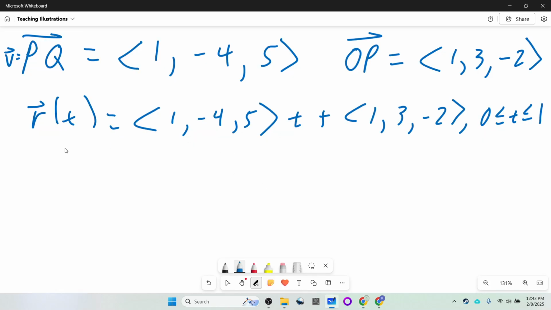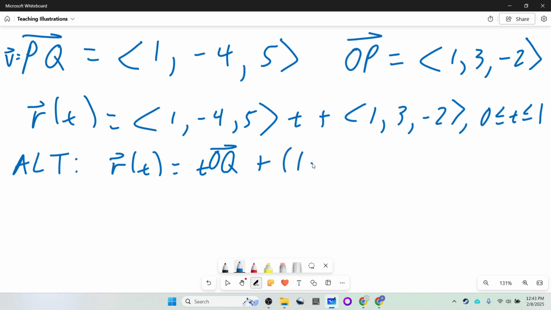The other way to do that, the alternate method, is a shortcut formula that was in our 12.5a lecture, which is r(t) equals t times vector OQ plus (1 minus t) times vector OP. When we say vector OQ, it's just the point Q, but as a vector instead of a point.